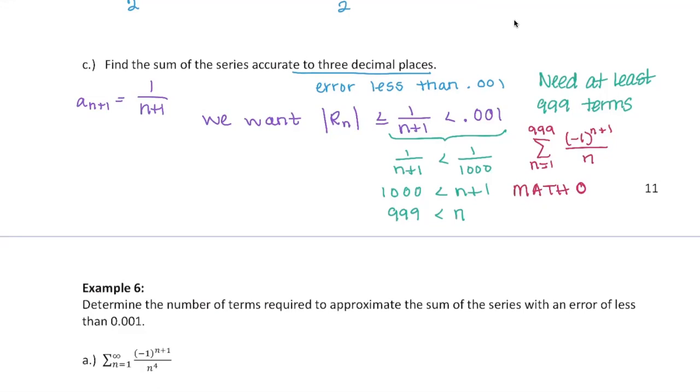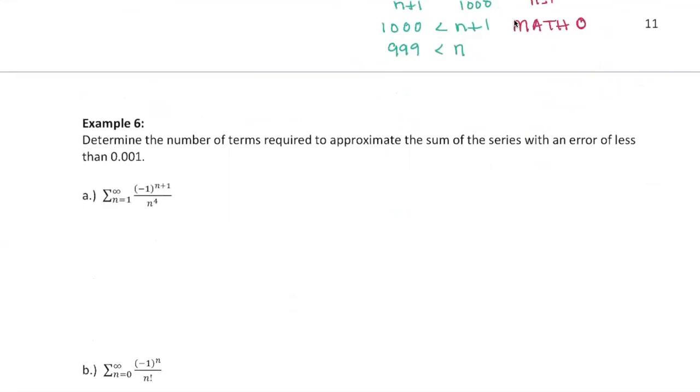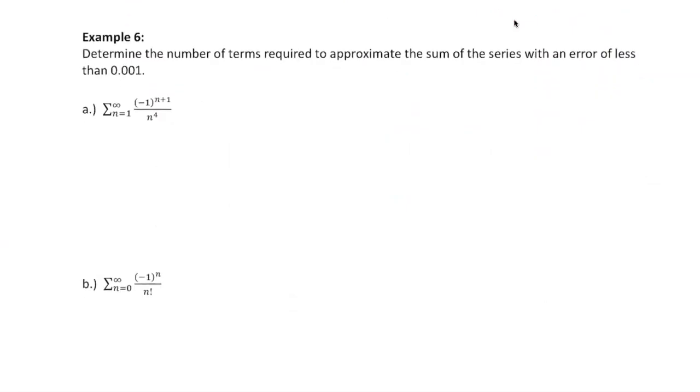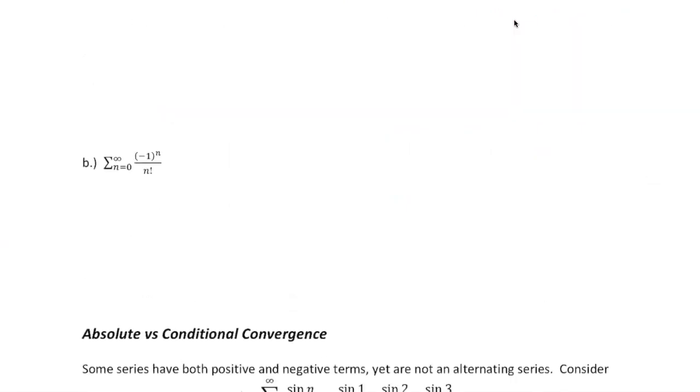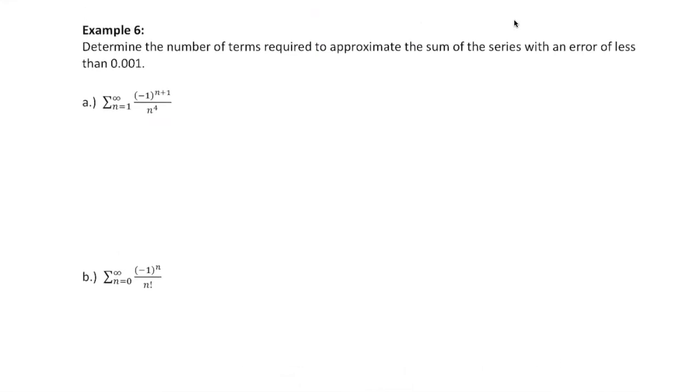So that is the idea. You're going to do very similar on examples A and B on the next page. All this one is asking us is to find the number of terms. Now, today is February 25th, 2021.